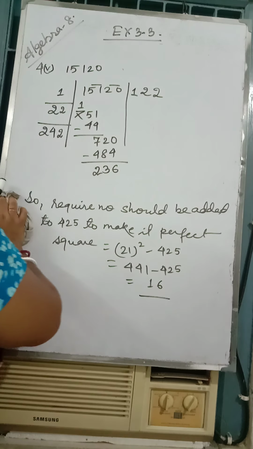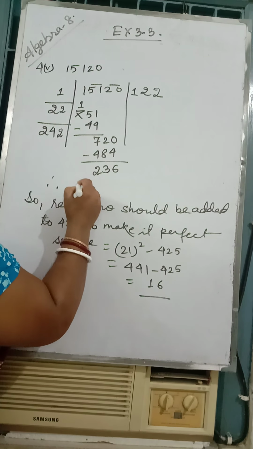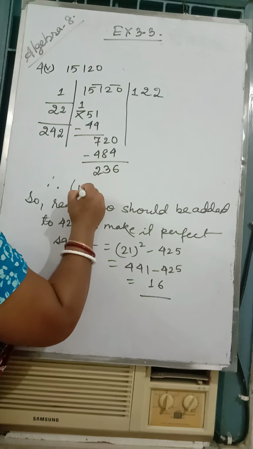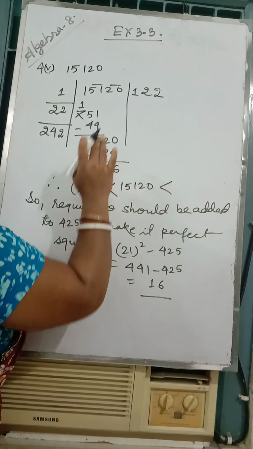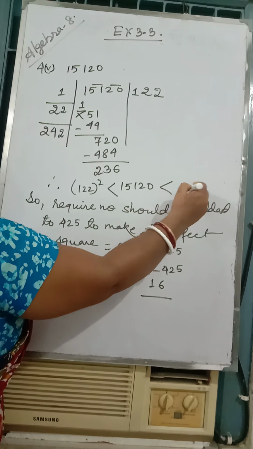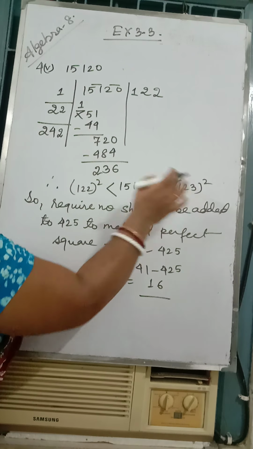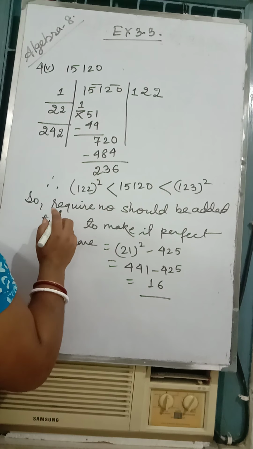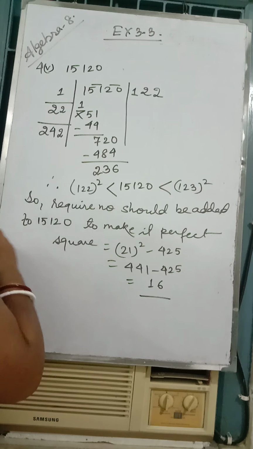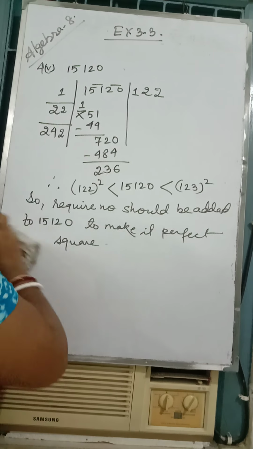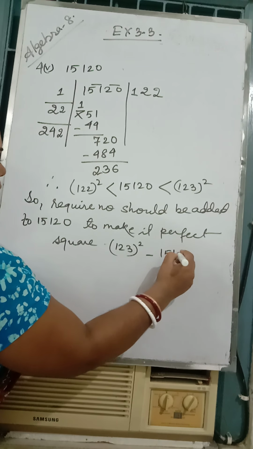Now, what do you get? The number which is given is greater than the square of 122, because you are getting the remainder 236, and smaller than the square of 123. The required number to be added to 15,120 to make it a perfect square is equal to the square of 123 minus 15120.